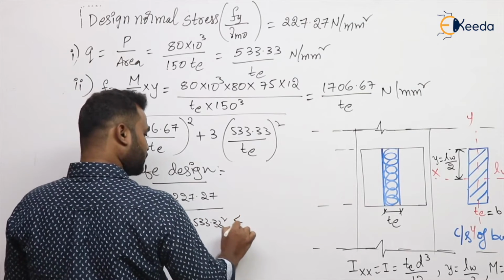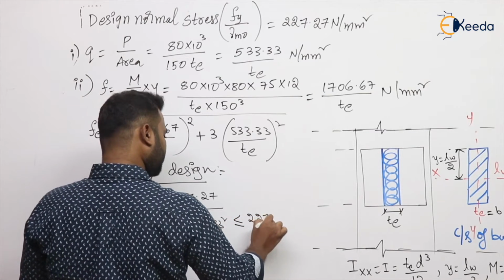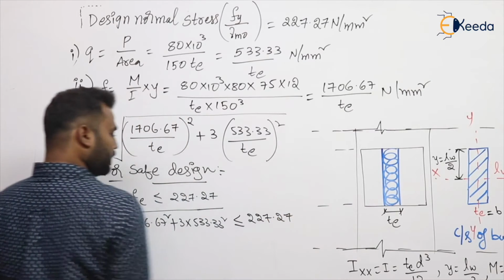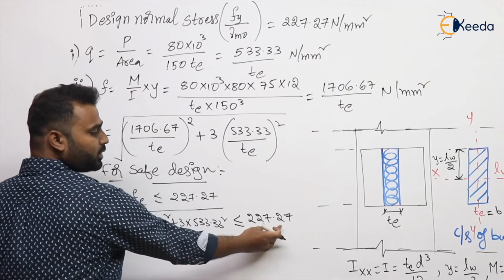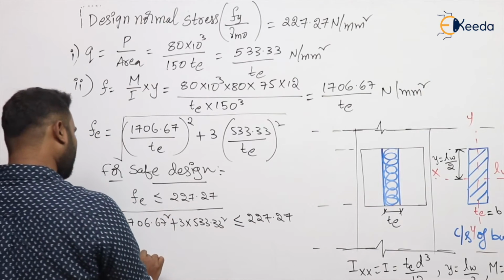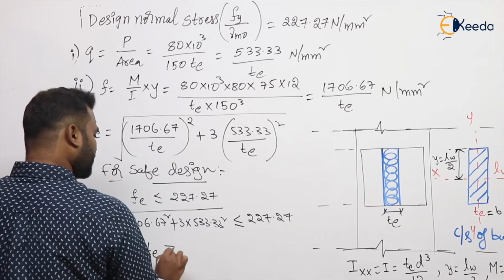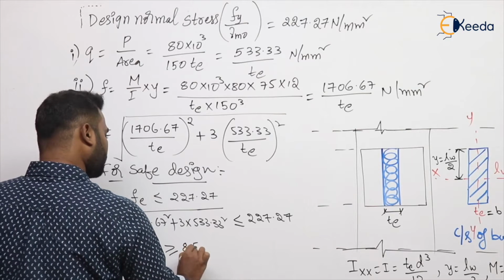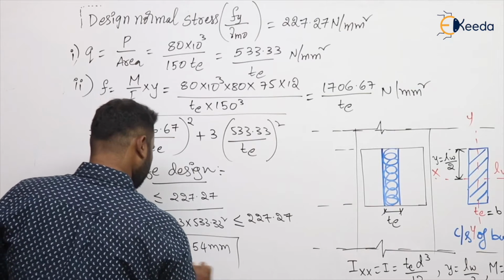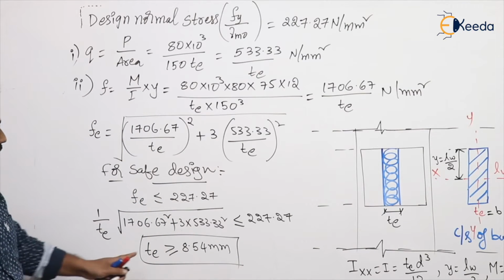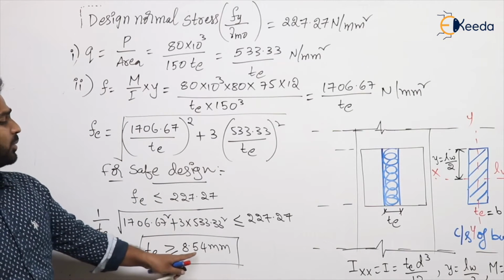This should be less than or equal to the design normal stress, that is 227.27. Now take this Te to the RHS and bring this 227.27 to the LHS. Finally we get Te greater than or equal to 8.54 mm.